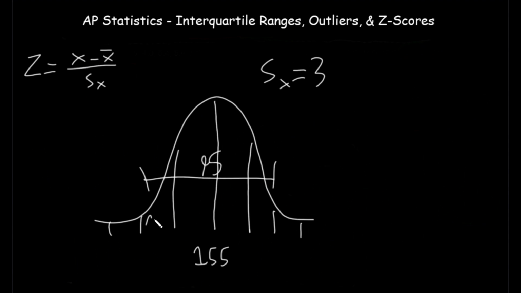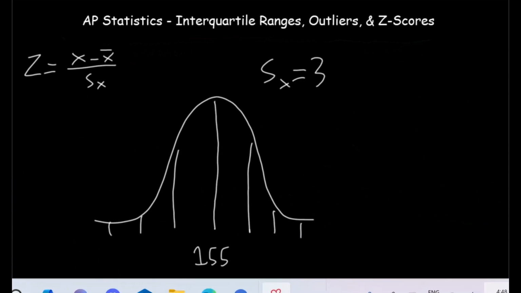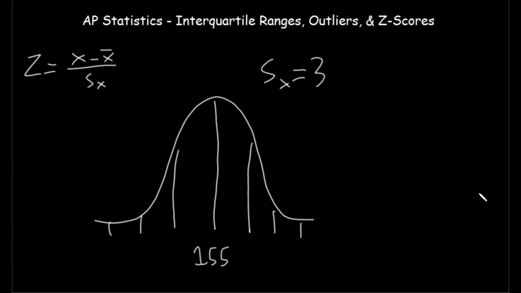So 95% of all individuals will be in this group right here, from here to here. And then from here to here, I think it's about 99.5%. And then the vast minority of people are either at very low or very high. Okay, so moving back to our example.